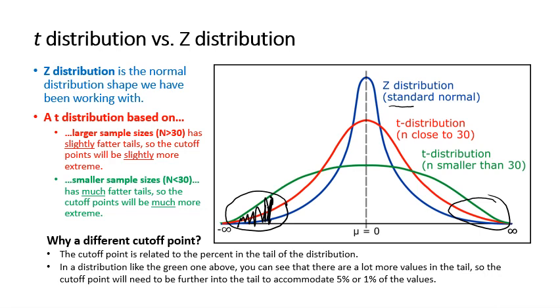That's really big compared to the much thinner number of values, say, in the normal distribution, just this little bit. So in order to accommodate just, say, 2% of the values, the cutoff point really does need to be quite a bit further into the tail. If we have this green distribution, the cutoff point has to be way out here in order that 2% or 5% or whatever we're deciding on is in the tail.